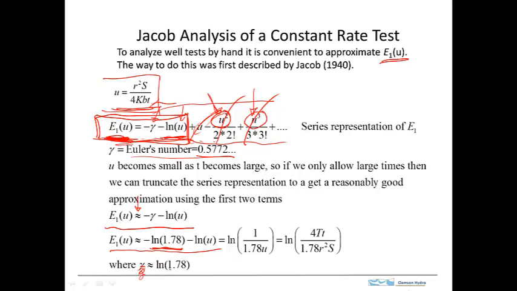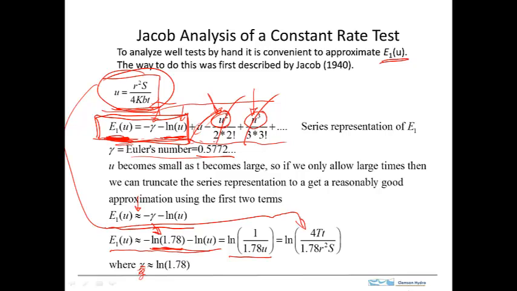So the natural log of 1.78 equals 0.577 and so on. So this term there goes to that term. And then I can combine these logs, so that is written like that. And then I can go back up here and get U and substitute it in, and that's what I get.